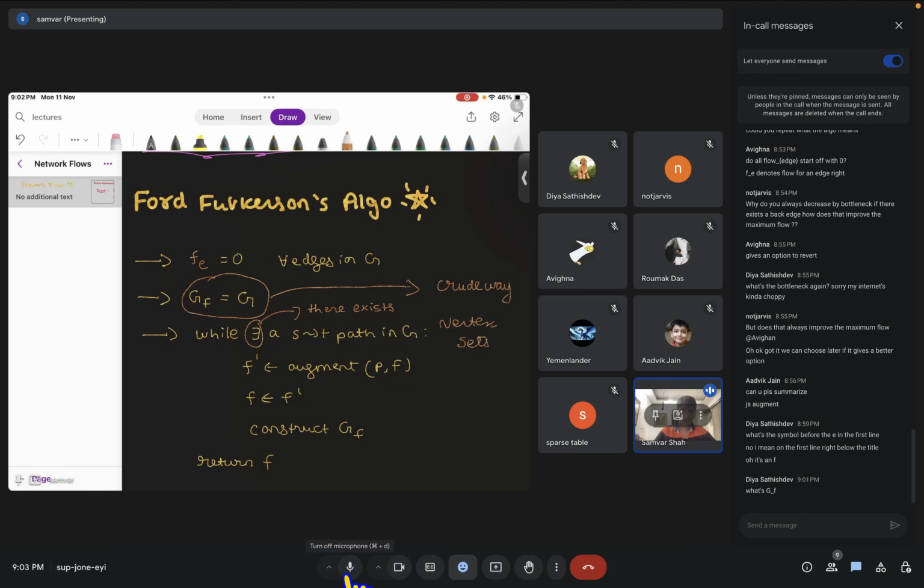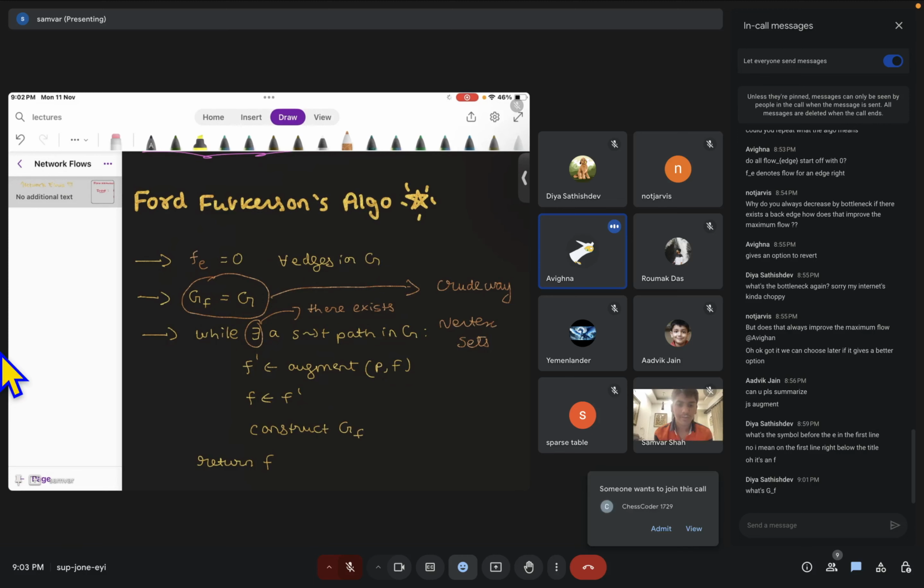Does anyone want to say what they think Ford Fulkerson's algorithm does? Yeah, go on. Basically, you have this residual graph and you keep searching for an S-T path in the graph, and as long as it exists, you augment the path, you update the values in the residual graph, and you keep repeating.